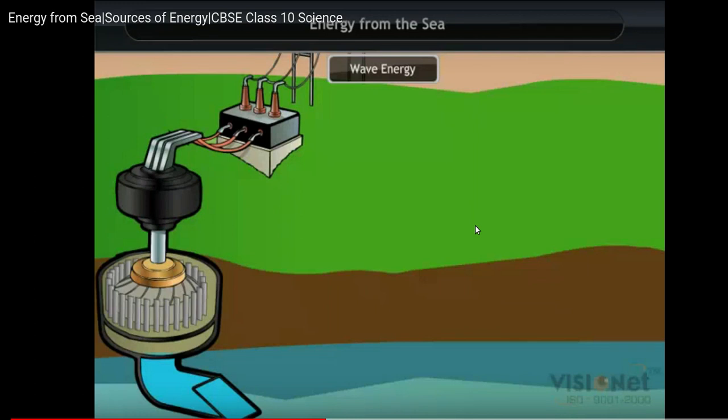Now the second form is wave energy. What are waves? When we go to the beach or the sea, we see a lot of waves, correct? So waves are also moving water, and moving water is the main thing that we're using here. Again we have turbines, which will start moving because of the moving water.